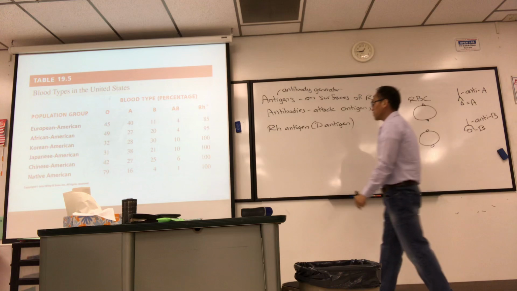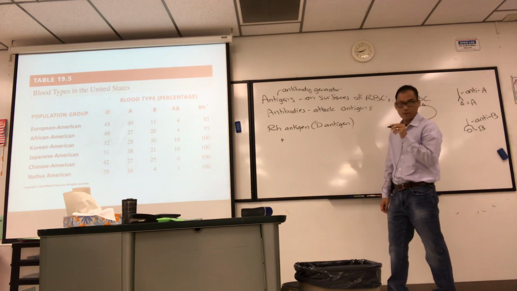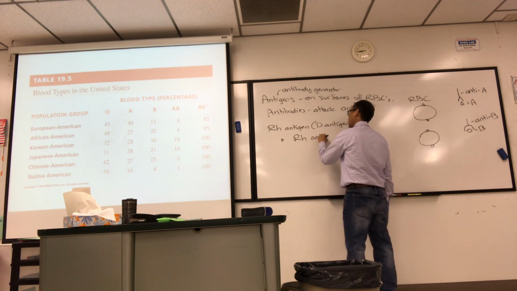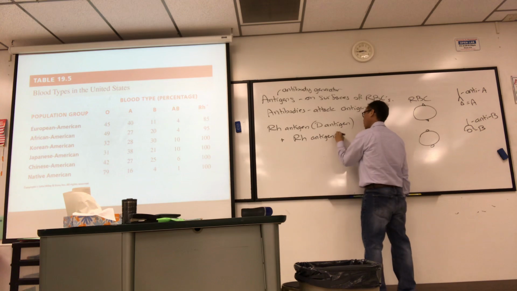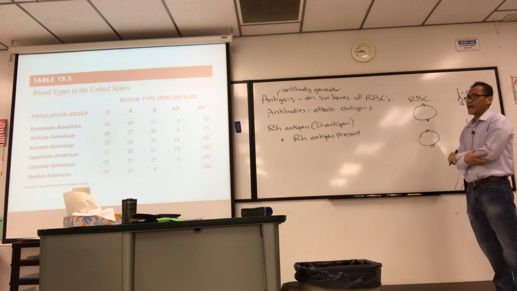So if you see a positive in someone's blood type, that means the RH antigen is present, just like if you're type A, it means the A antigen is present.